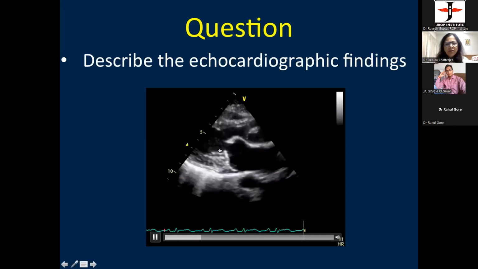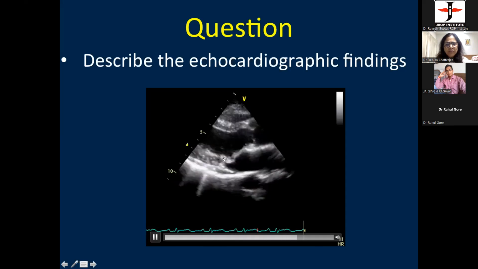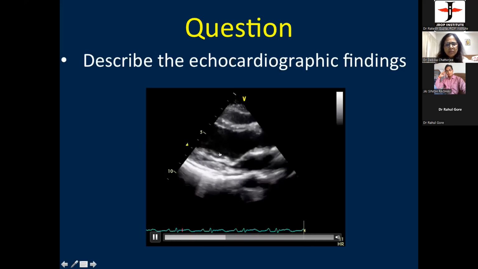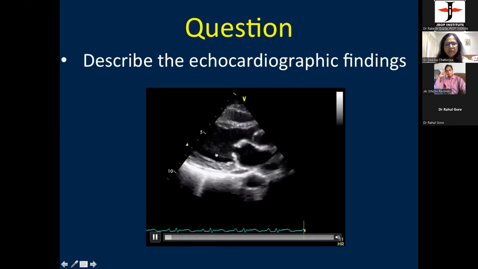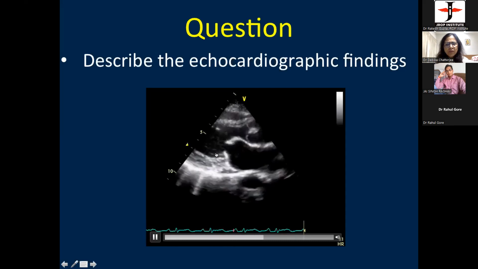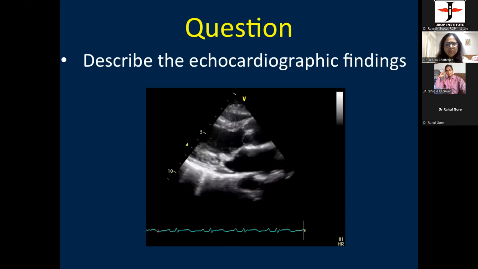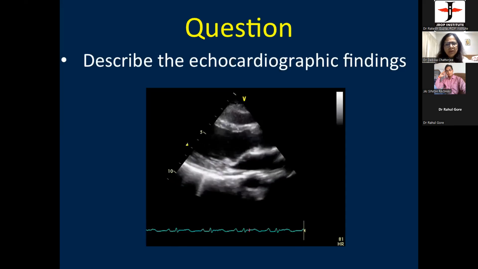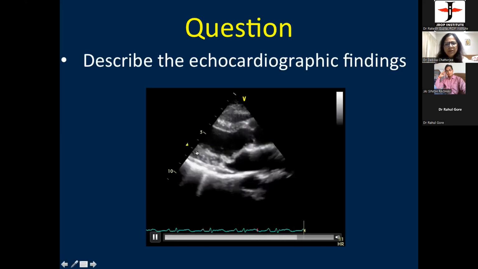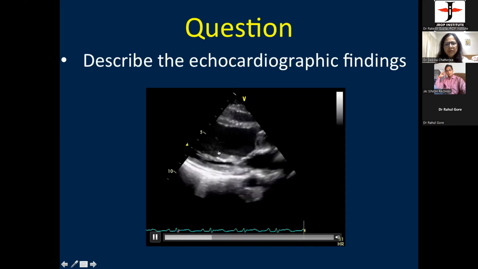And what are these structures called? Yes, ma'am. What is this structure? This is the papillary muscle, ma'am, sideways. And the papillary muscle is far away.